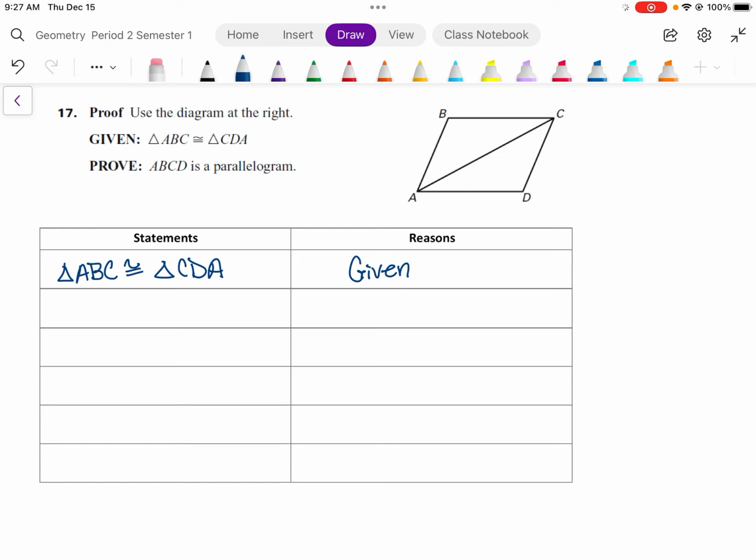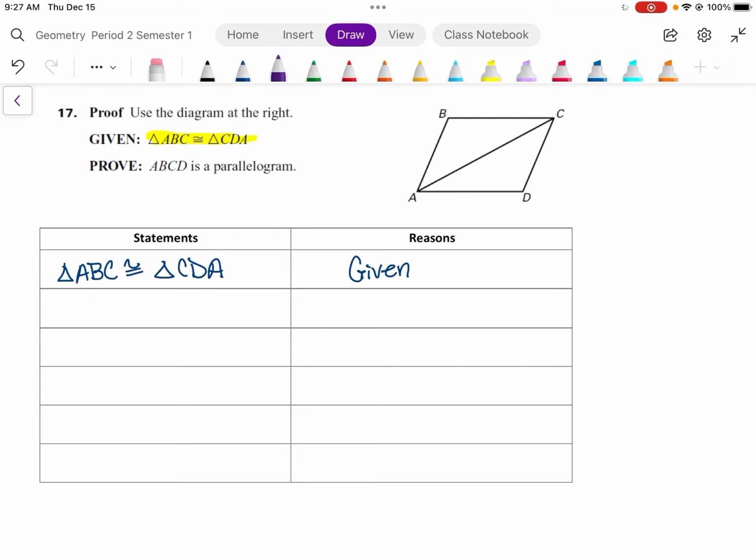Okay, so the easiest way to do this is to prove that the opposite sides are congruent to each other, especially because they gave us congruent triangles. And if you remember back to our congruent triangle chapter, we know that the corresponding parts of the congruent triangles are congruent.